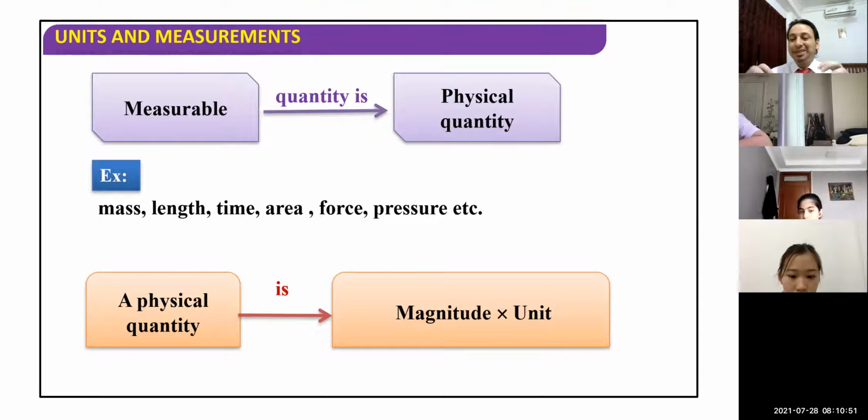First the magnitude of the measurable quantity, multiplied by its unit, whether it is kilogram, gram, length in meter, centimeter, kilometer, or time in seconds, hours, minutes. Depending upon the requirement, you have to write any measurable quantity as its magnitude multiplied by a unit.